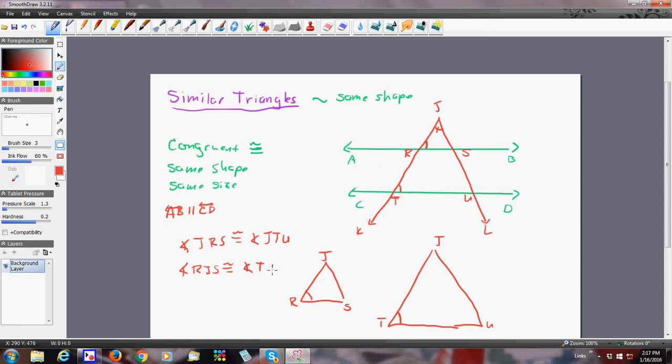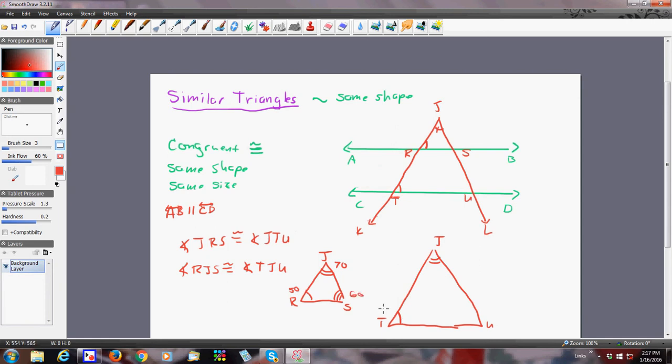And that's significant because if you recall, a triangle only has so many degrees. So let's say that this is 50 degrees, and this is 70 degrees. It means that this has to be 60 degrees.